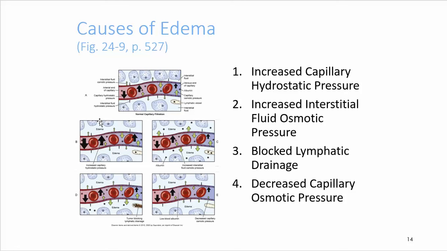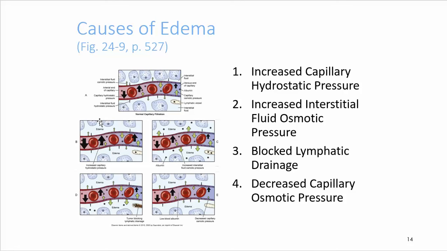Albumin is made in the liver, so people with liver disease, people that abuse alcohol, and people with kidney disease who are losing albumin in their urine, so there's proteins in the urine, can end up with this. What happens is not enough fluid is brought back to the capillaries, so it stays in the interstitium and becomes edema, and it's systemic. It's body wide in this case.